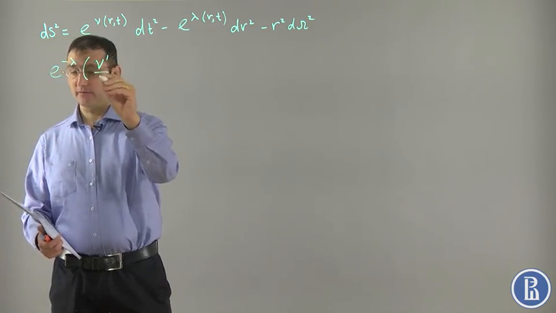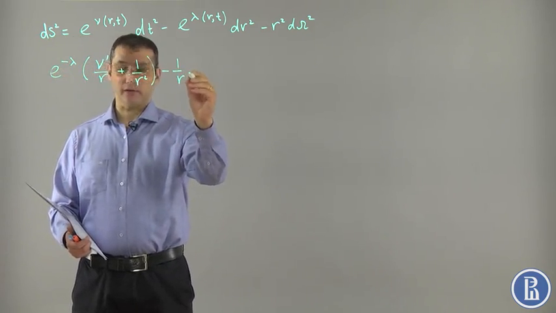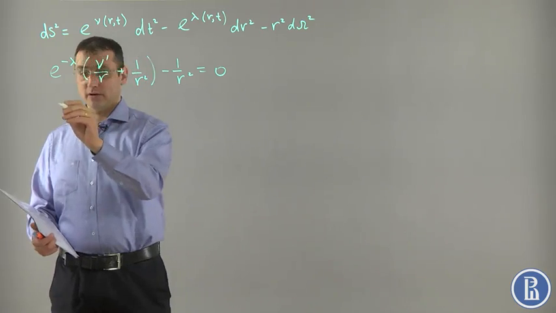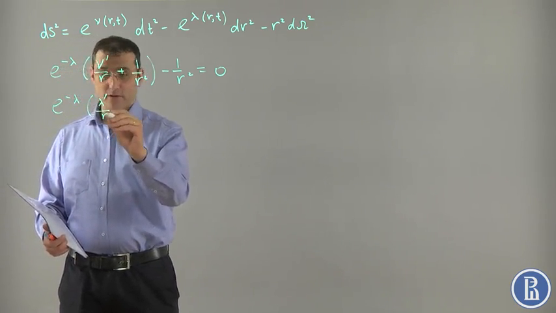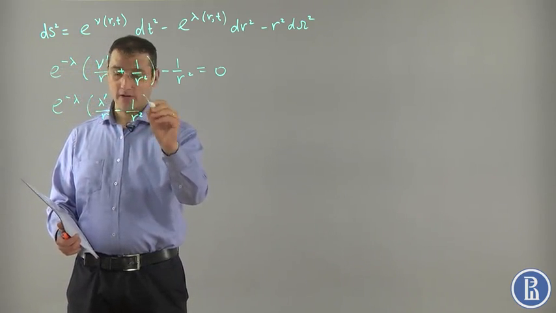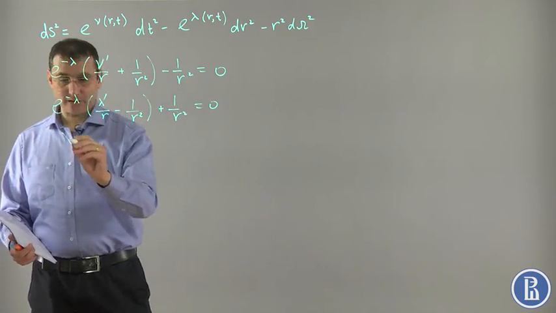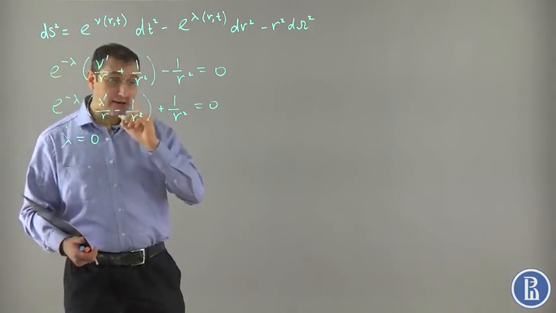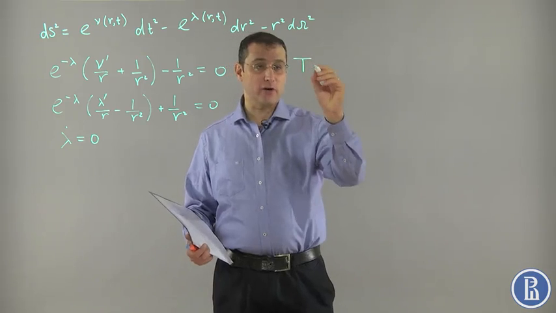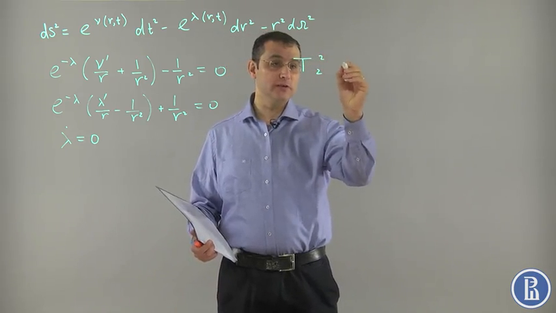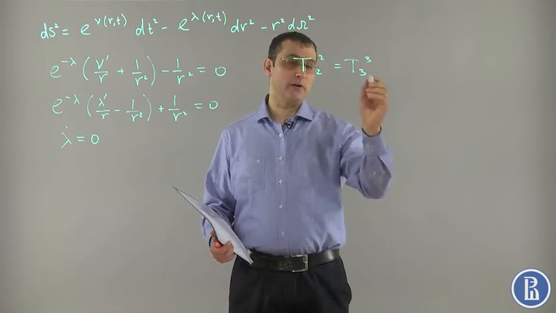Nu prime divided by r plus 1 over r squared minus 1 over r squared equals 0, minus lambda prime divided by r minus 1 over r squared plus 1 over r squared equals 0, and lambda dot equals 0.